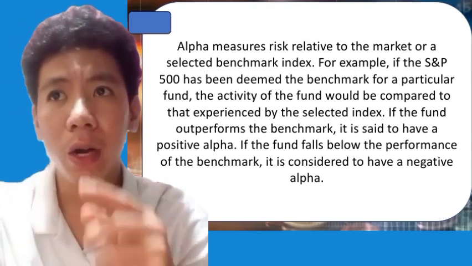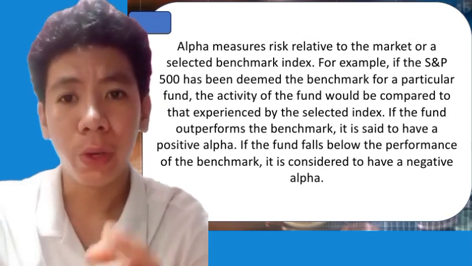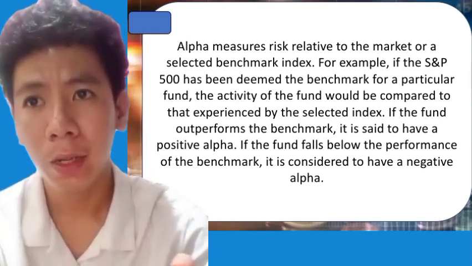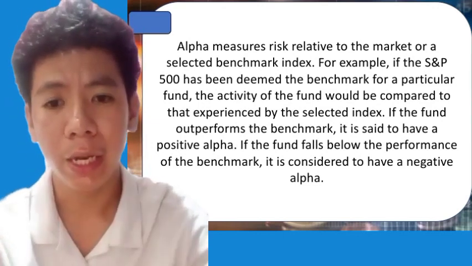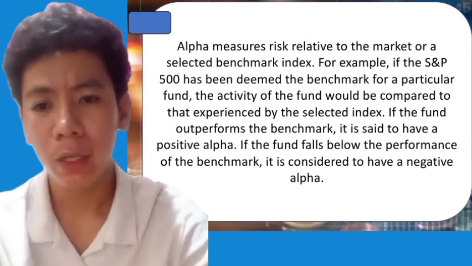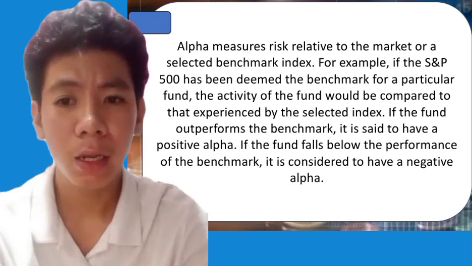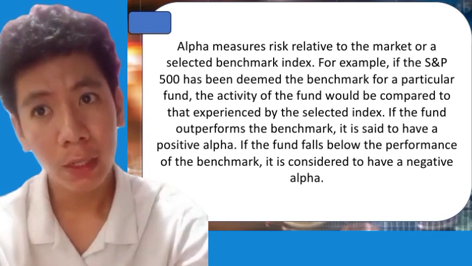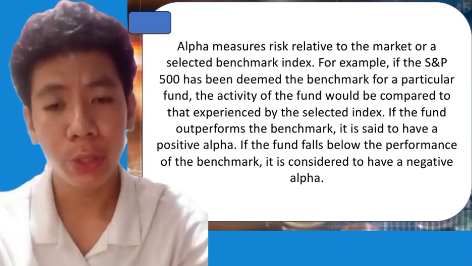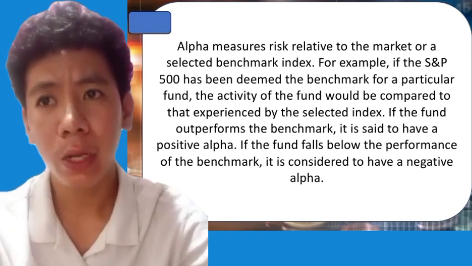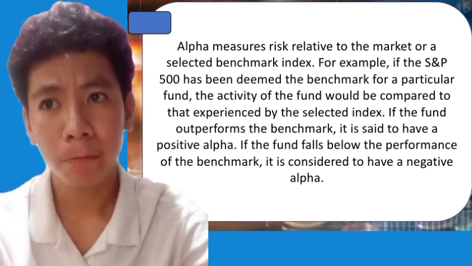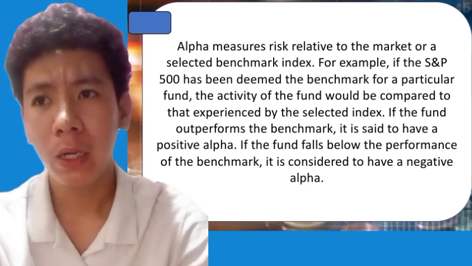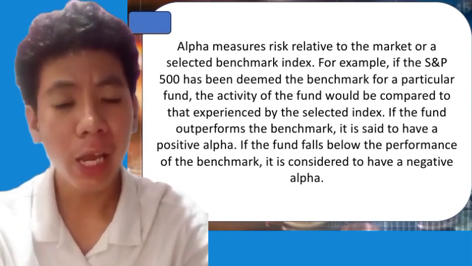We copy the 15%, which is our Ri, the realized return of the portfolio investment, and we subtract the 12% and the 3% inside the parentheses first. After that we multiply the beta, 1.2, to the result of 12% minus 3%, which is 9. So 9 times 1.2 is equal to 10.8.